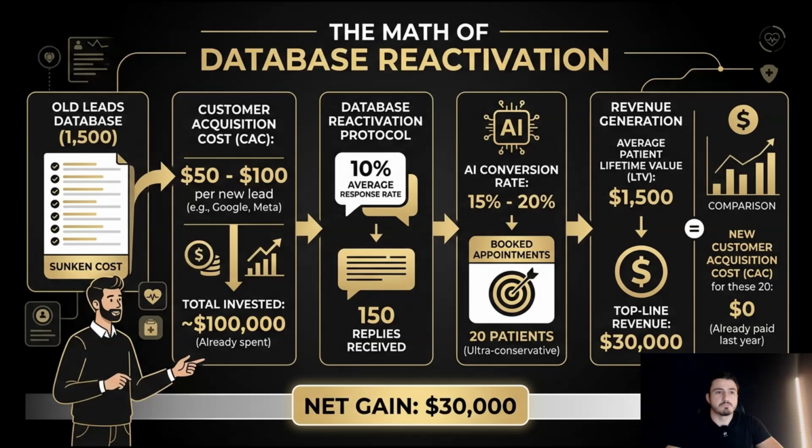If your average patient lifetime value, which basically means however long and how much money they've spent with you, let's say out of those 20, your average is $1,500. Those 20 reactivation patients just generated 30K in top line revenue for your clinic. And your customer acquisition cost is zero. You already paid for them.